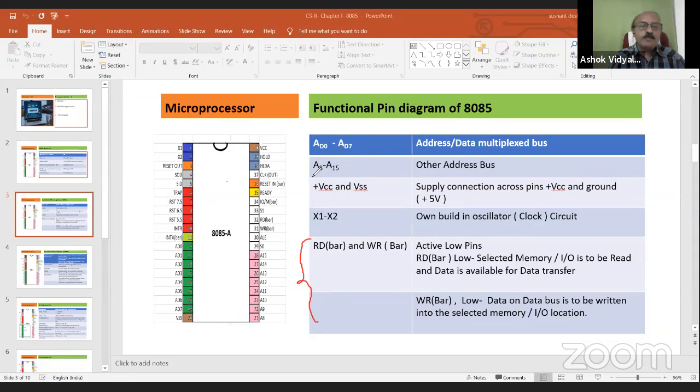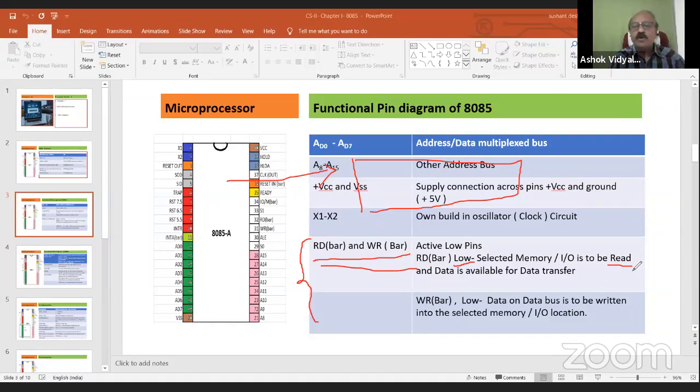When this microprocessor wants to read something from the memory, then this particular pin will be set low, that is RD bar. Now RD bar is low means what? We want to read the memory.